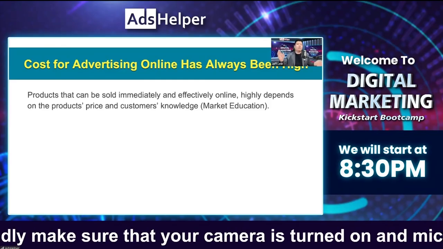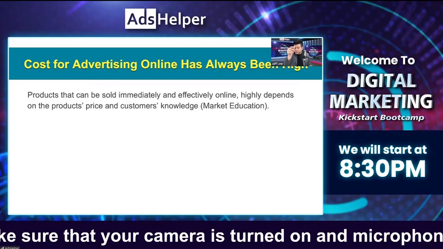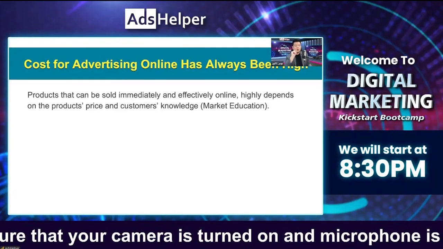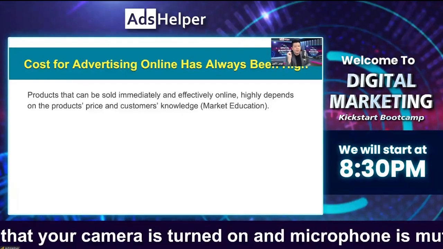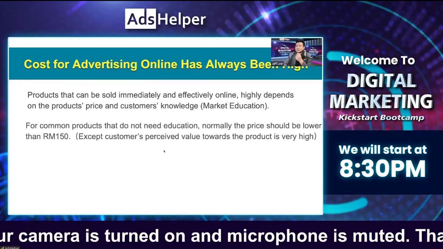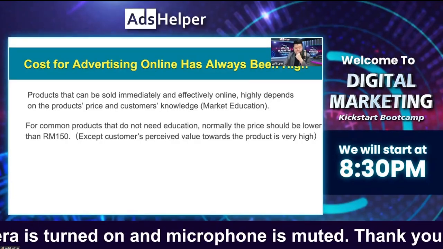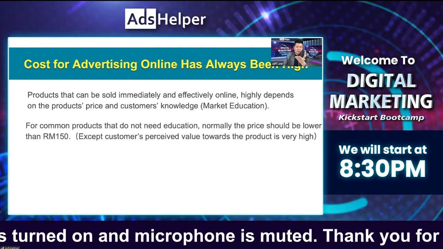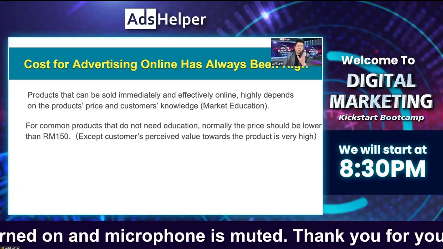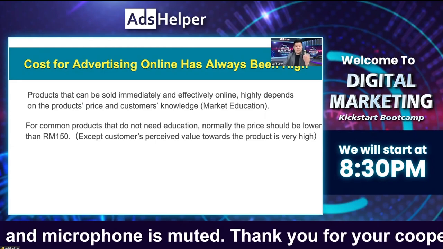So that action itself becomes so simple that they will give you their contact for the ebook or for the consultation. Okay. So remember, things that are easily sold are usually around or below 150 ringgit, or in SGD you just convert lah. Around 100, below 100 SGD is usually what you can sell online.